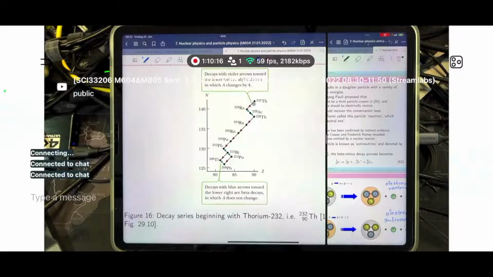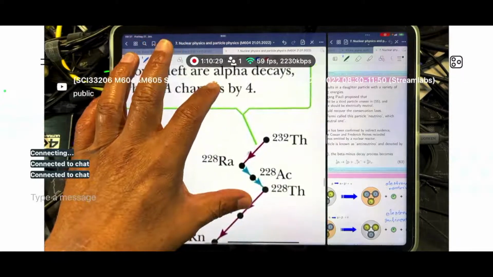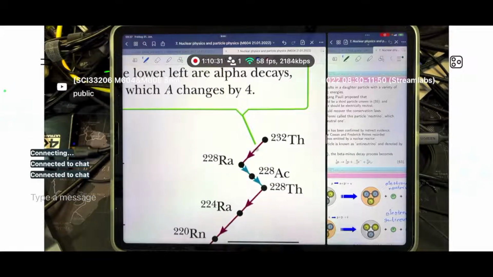They reduce their nucleons by 4. So it means helium-4, which is the alpha particle. So thorium-232 becomes radium-228 on this violet arrow, and we get the alpha particle from this route.